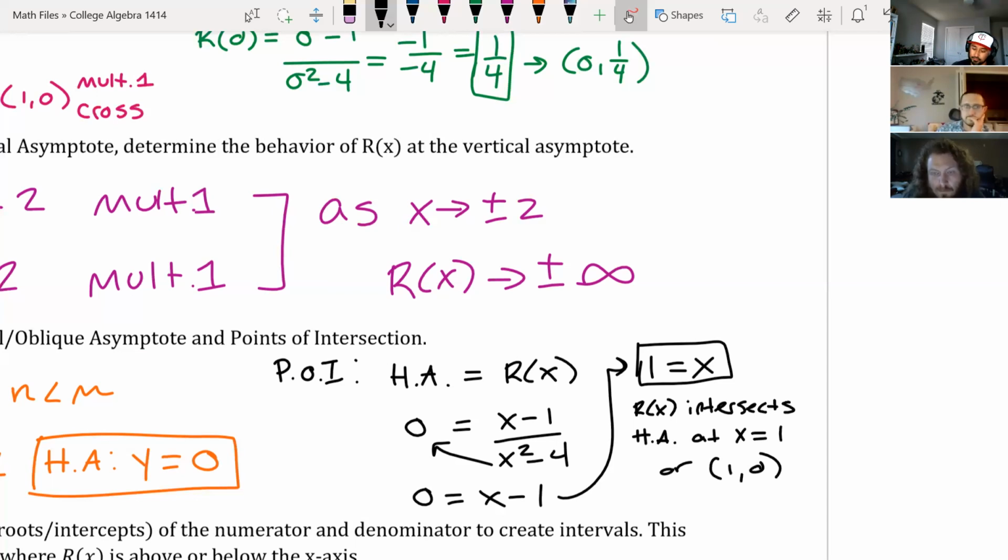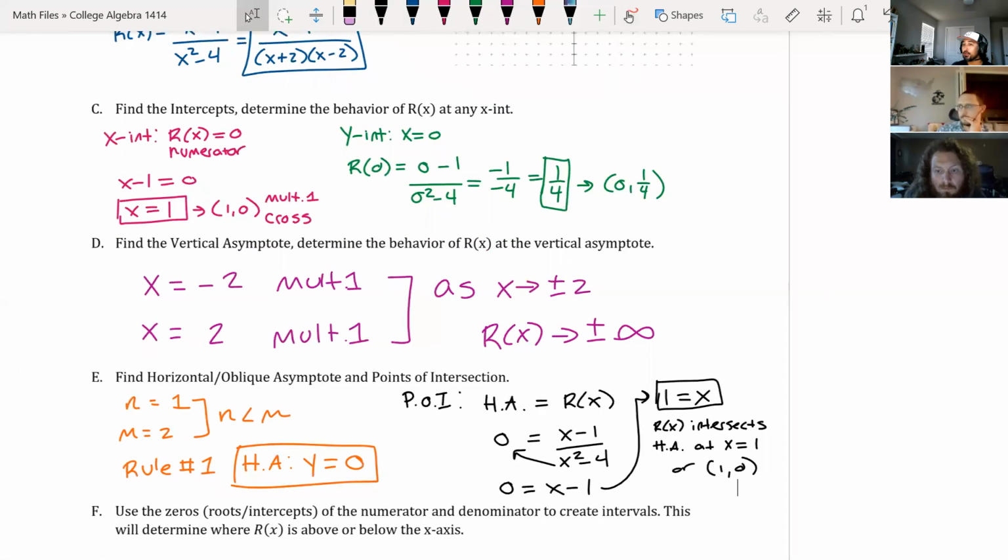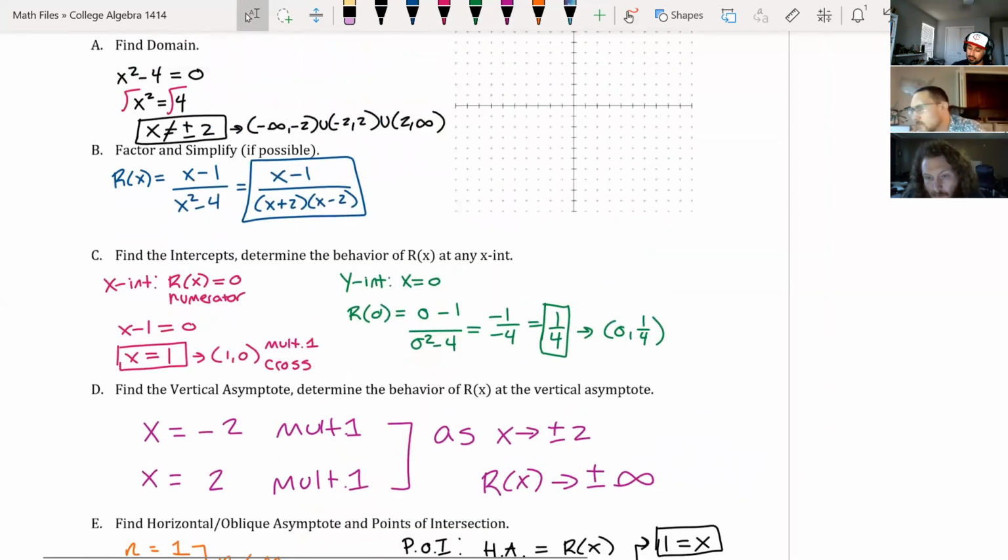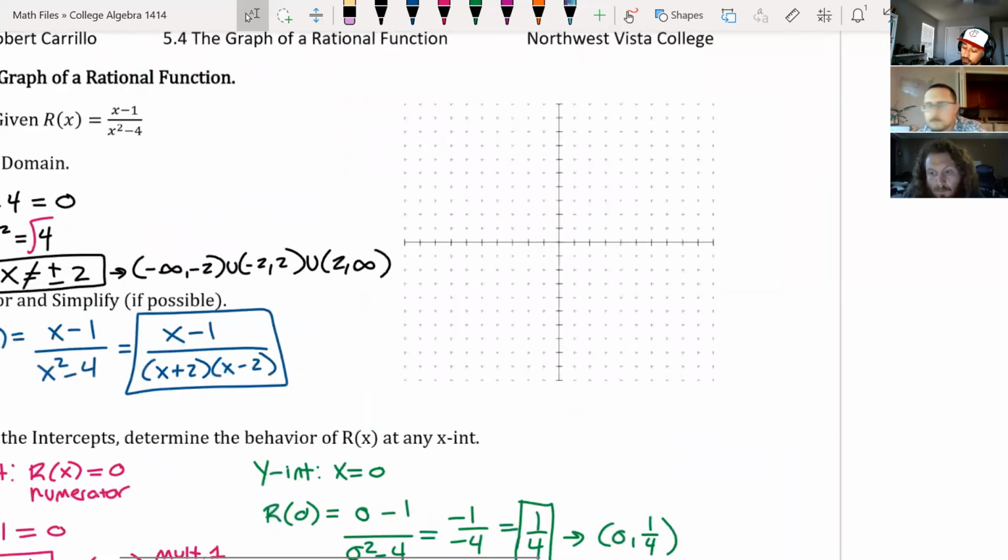Okay. Well, this kind of makes sense because what's our x-intercept? 1, 0. Our x-intercept is 1, 0, right?